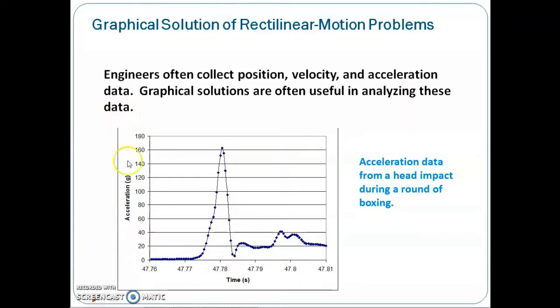If you plot the acceleration over time, that gives us the impact profile as you've seen. This is very common engineering data, acceleration over time, that we may collect practically using sensors.